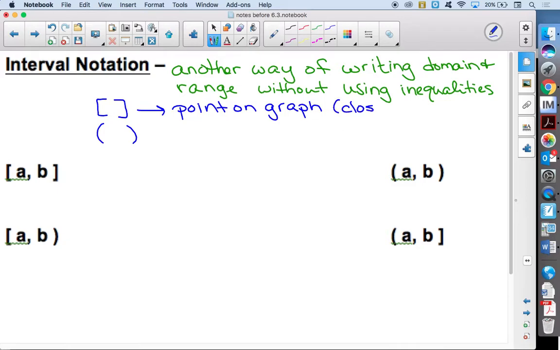The parentheses would be the open circle that is not included on your graph. So anytime you have just less than or just greater than, that's when we would use parentheses. So open circle, because the point is not included on the graph.